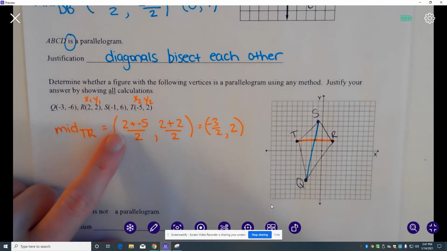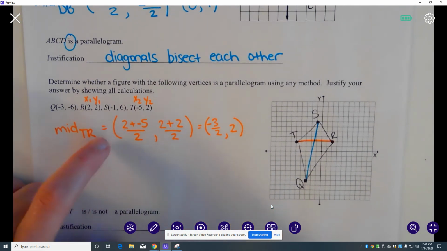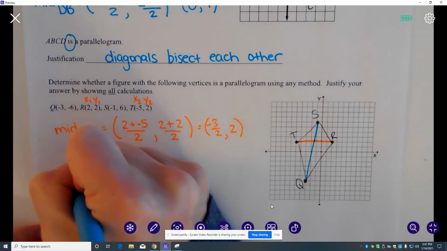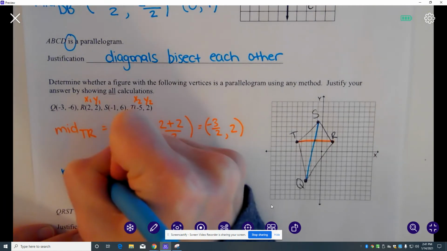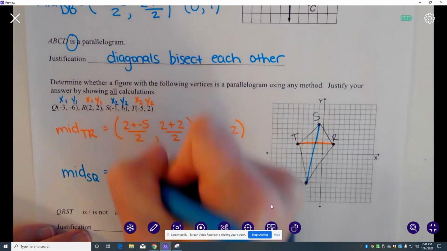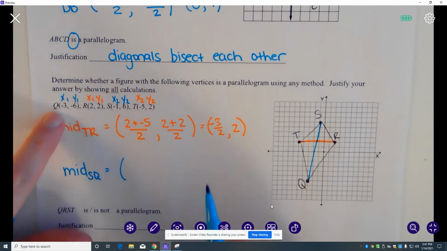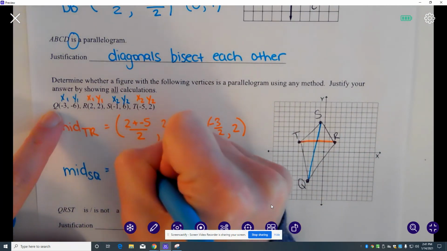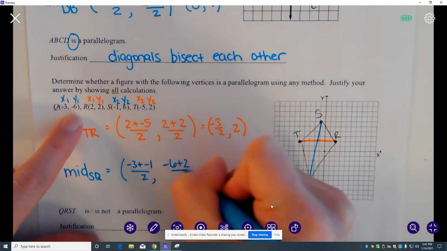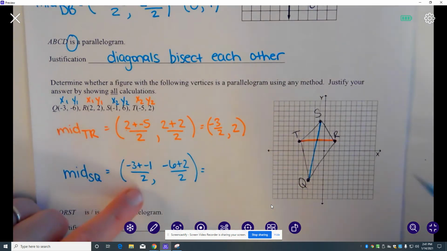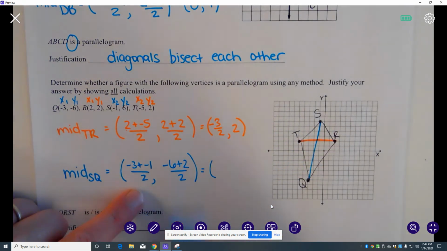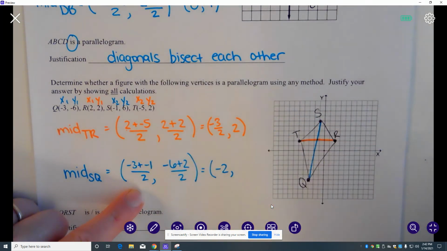We want to double check and make sure that is not the midpoint of diagonal SQ. So let's find the midpoint of SQ. x1 plus x2 divided by 2. y1 plus y2 divided by 2. Negative 3 plus negative 1 is negative 4. Negative 4 divided by 2 is negative 2.